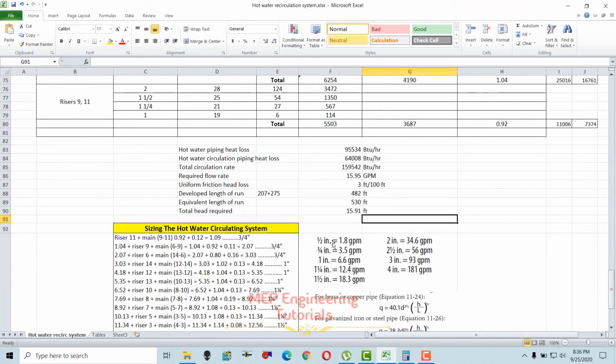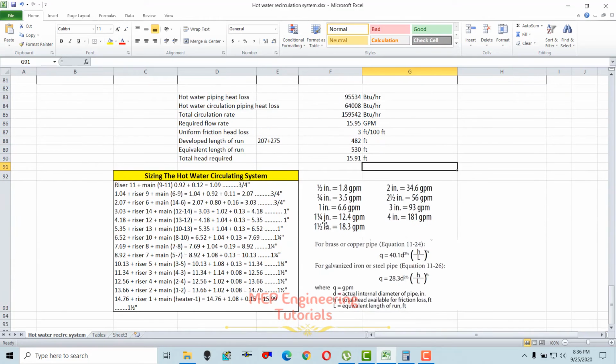So we could use half inch here, but we are not going to use half inch. The minimum size recommended is 3/4 inch. So instead of half inch, we are going to use 3/4 inch risers. The reason is that a half inch pipe is very small, and with time deposits may develop inside the pipe and clog it.